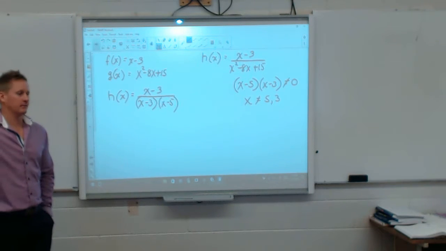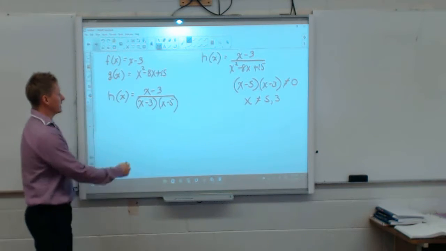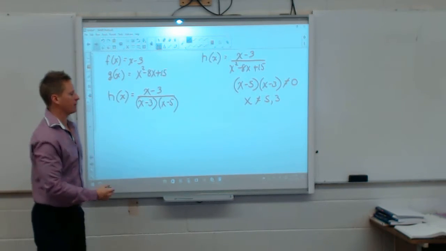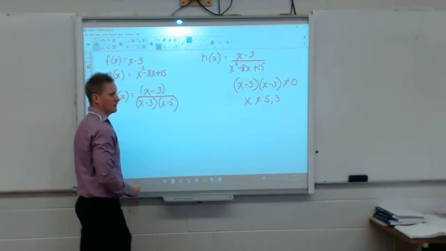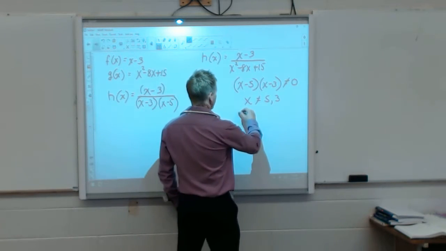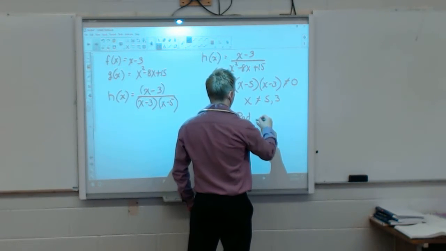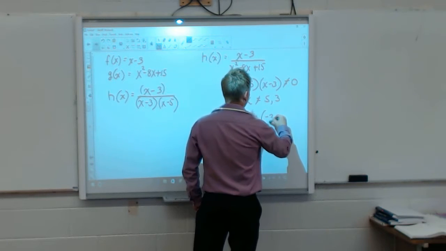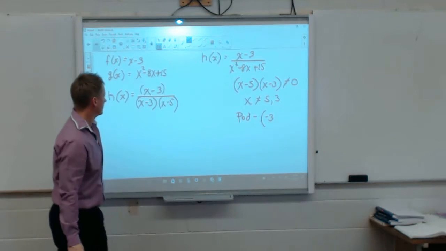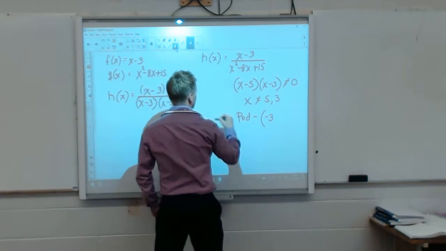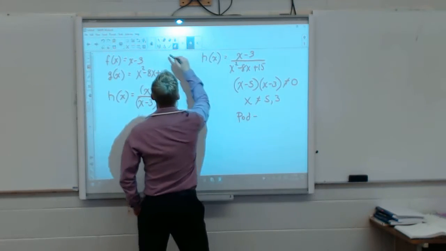Okay, let's start with that. Because I have an x minus 3 on top and x minus 3 on the bottom, what does that tell us? Okay, so we have a point of discontinuity, right? At minus 3, and we'll figure it out in a second. Or sorry, plus 3, not minus.